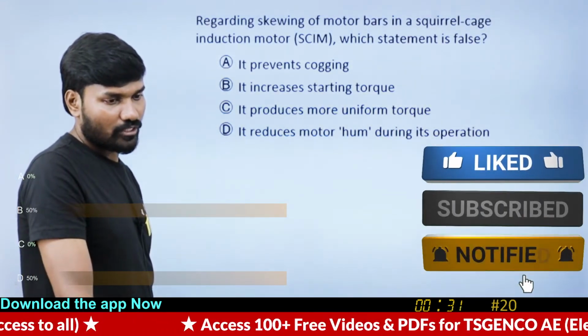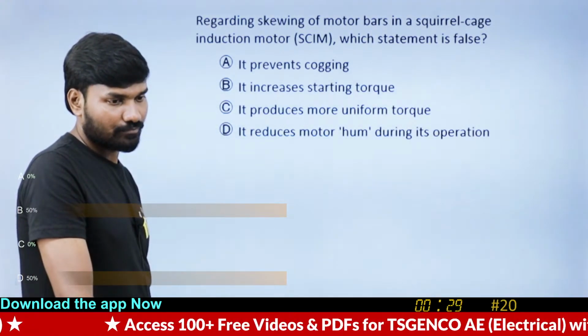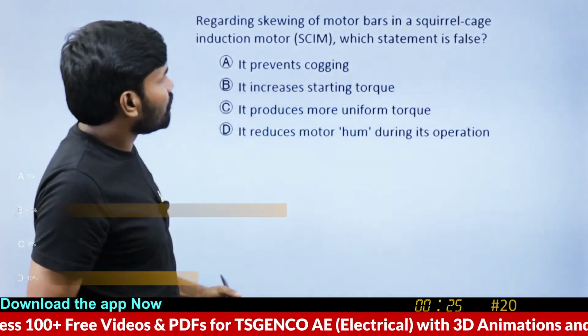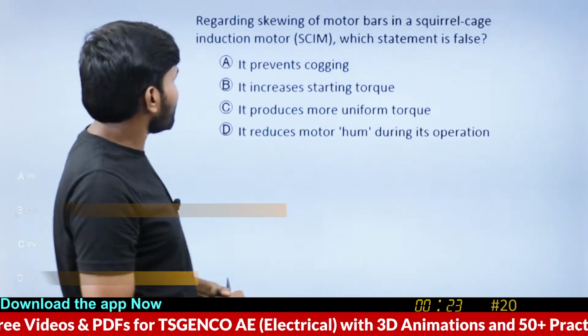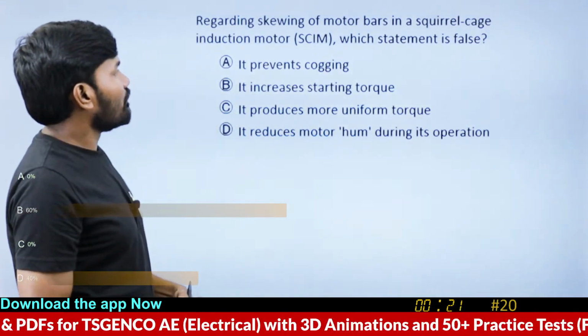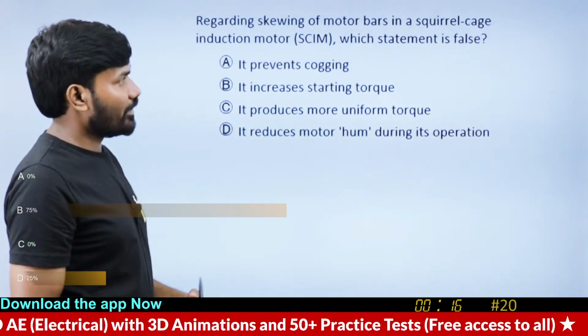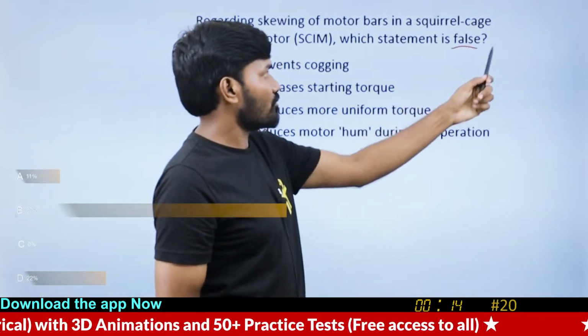What is the effect of skewing on the starting torque? Regarding the skewing of the rotor bars in a squirrel cage induction motor, which statement is false? Careful, which is false here? That's what is asked.